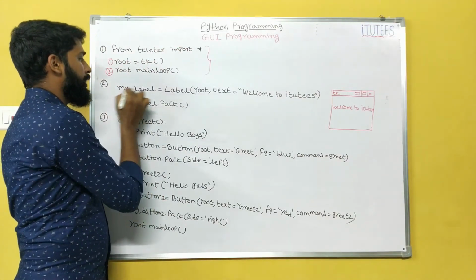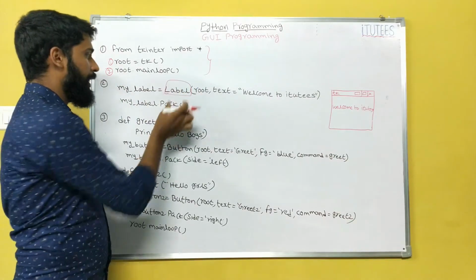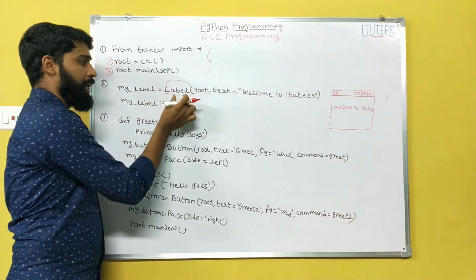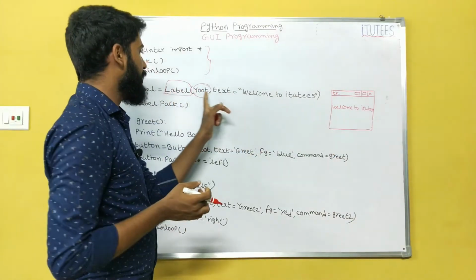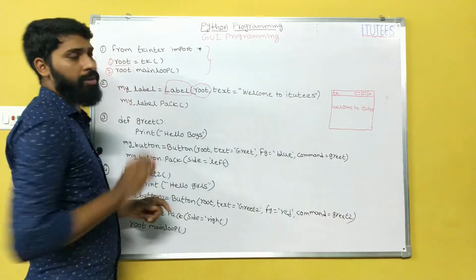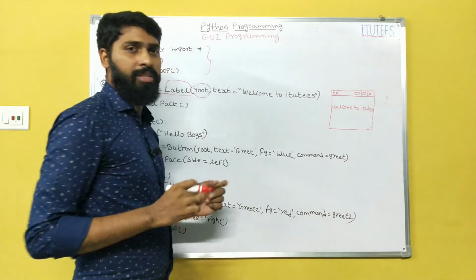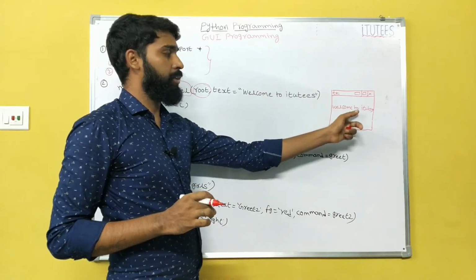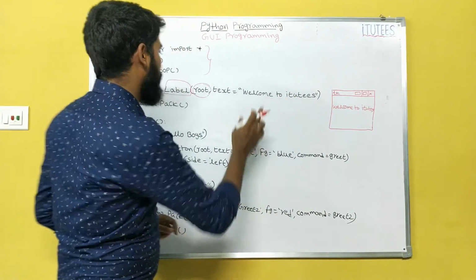After that, I write the label I want to append. I take this widget, Label, and I want to add this label to this window. What is the window name? The window name is root. So I can write root, comma, text. The text I want to append here is welcome to iTuties.